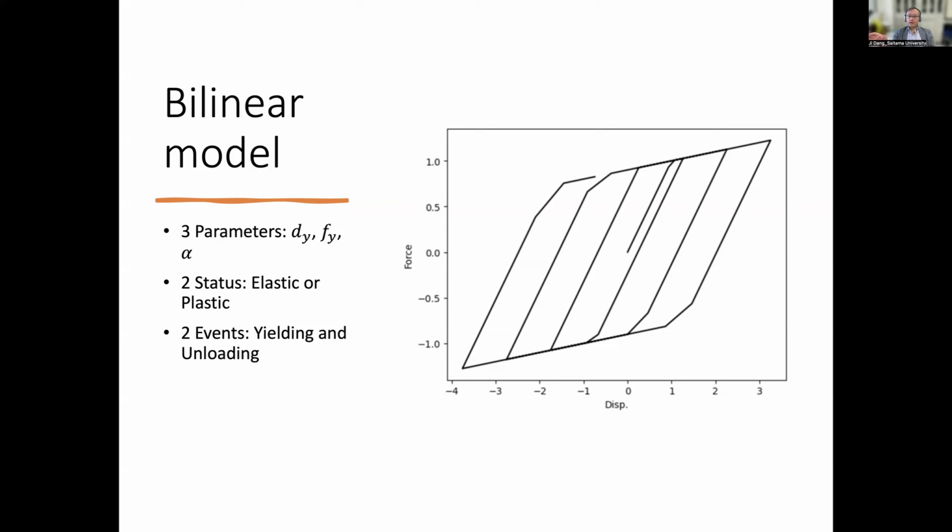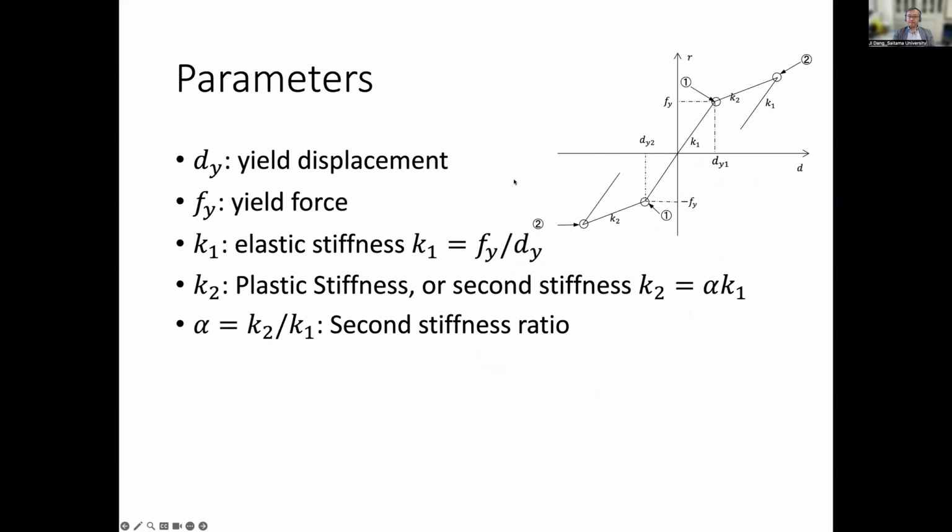So yielding is changing from elastic to plastic. Unloading is changing from plastic to elastic. Once you yield, unless you load in the other direction, it will not change back to the original stiffness. Okay.